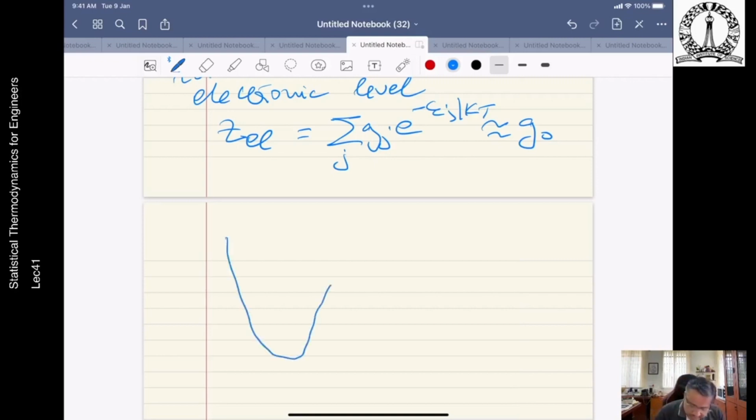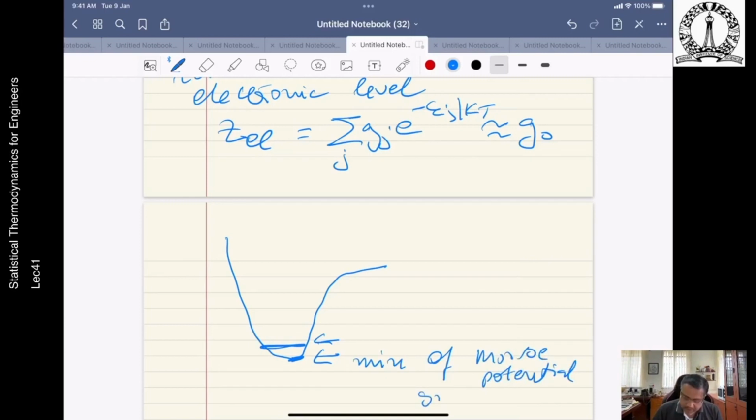So if this is your Morse potential, you can set this, or you can set this. So this is the zero, and this is the zero. This is the minimum of the Morse potential for the ground electronic state, whereas this is the vibrational zero for the ground electronic state.